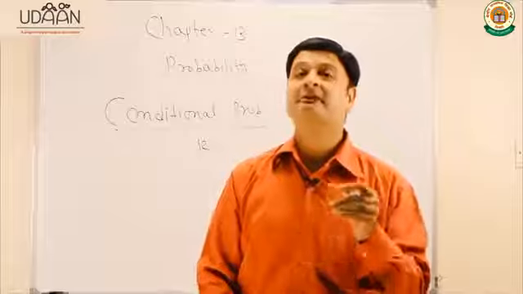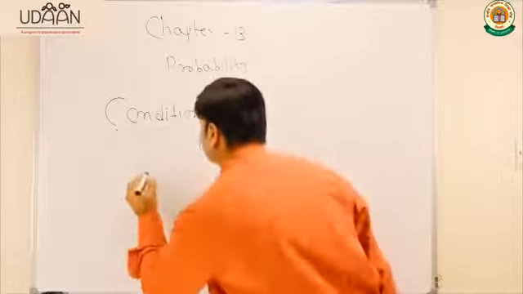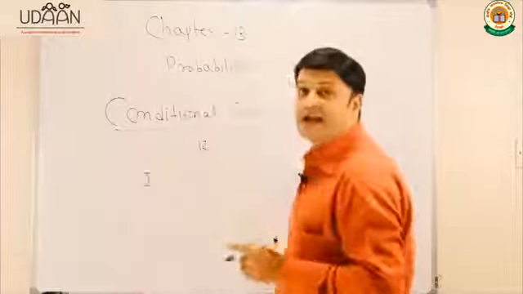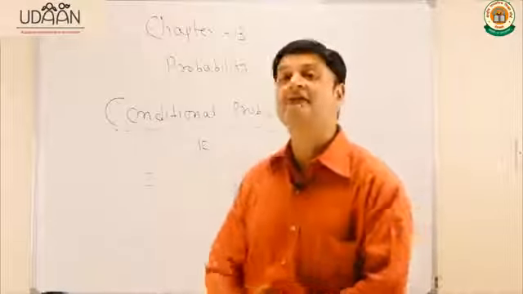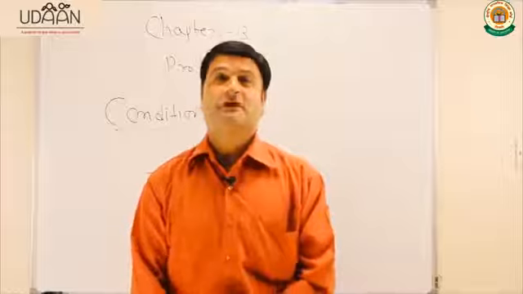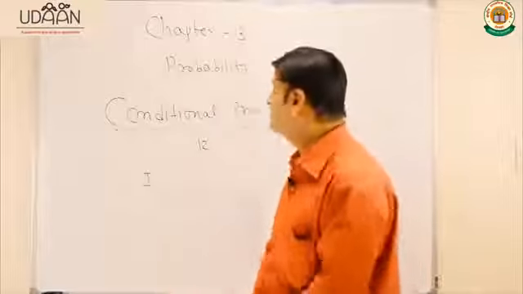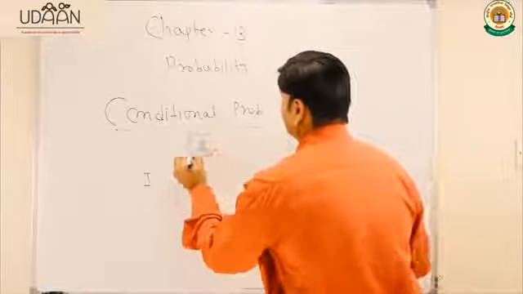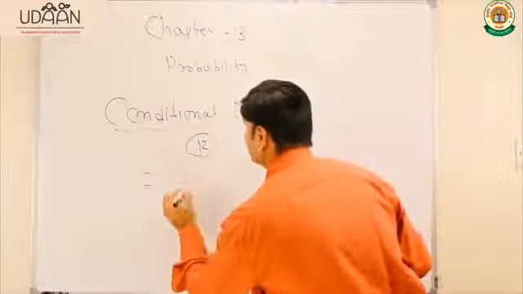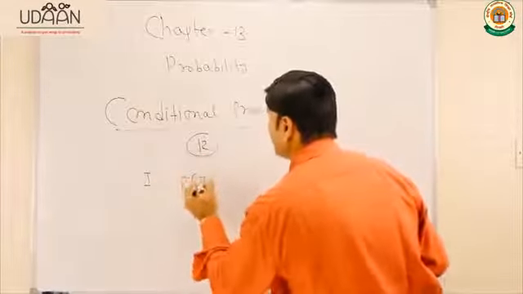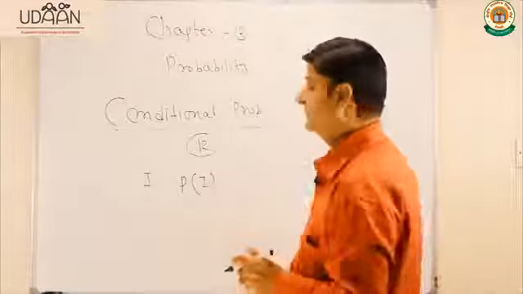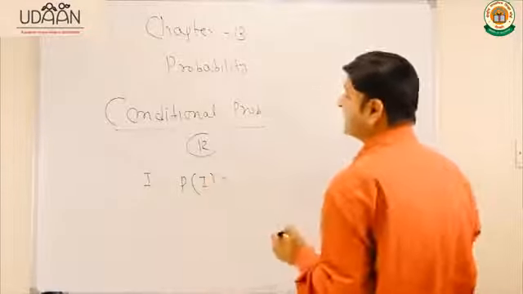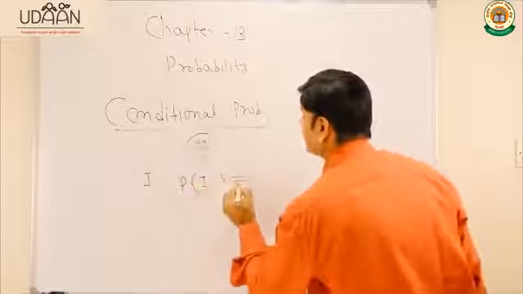Now I am defining one event. The name of the event is I. Let I is the event that India will be winner. So from the 11th standard, can you tell me if 12 teams are there, then what is the probability that event I will occur? In other words, India will be winner. So I think you all can reply that total outcomes are 12.